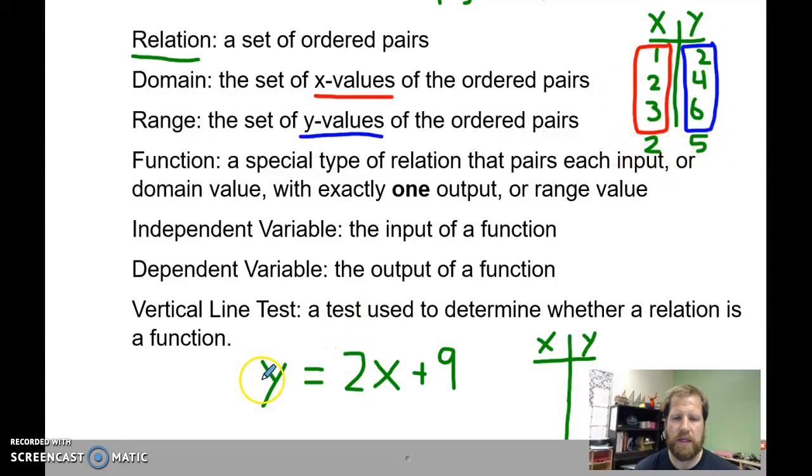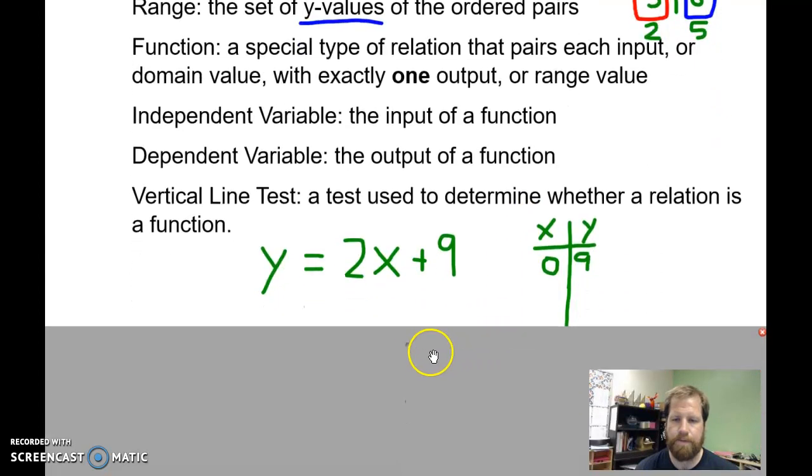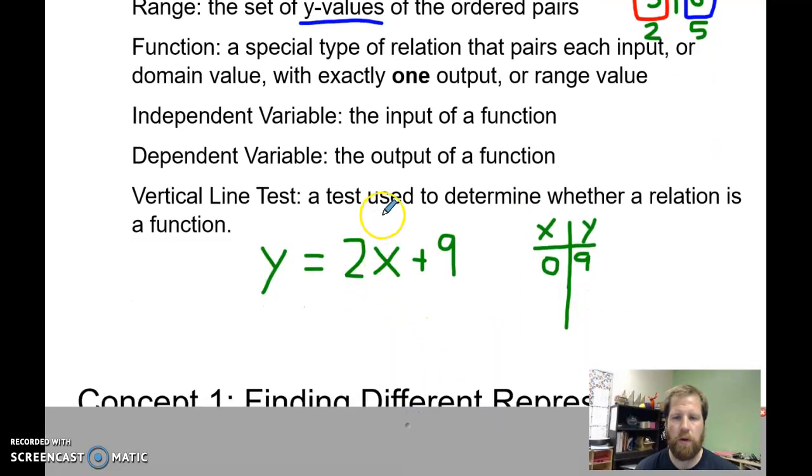All right, and you can see that my y value depends on what I put in for my x. If I put 0 in for my x, 2 times 0 plus 9 equals 9. So my y value is going to be 9. All right, if I put 1 in for my x, 2 times 1 is 2, plus 9 is 11. 2 in for my x, 2 times 2 is 4, plus 9 is going to be 13.